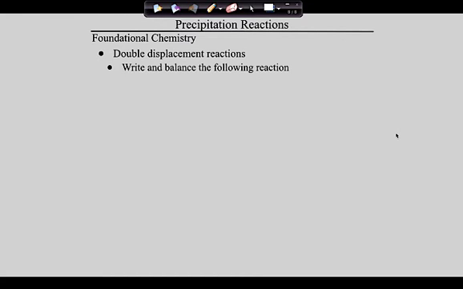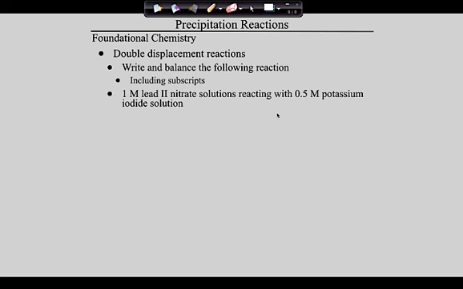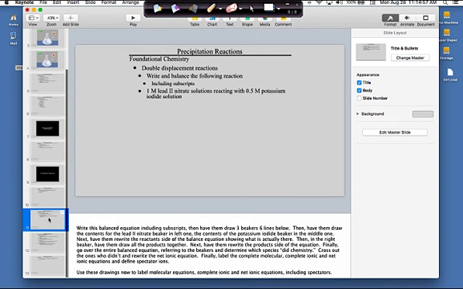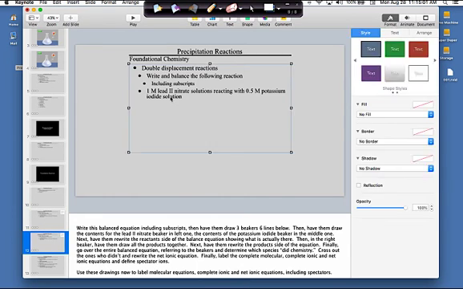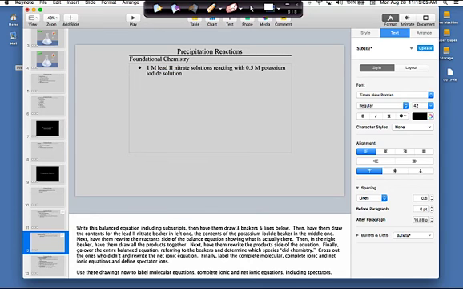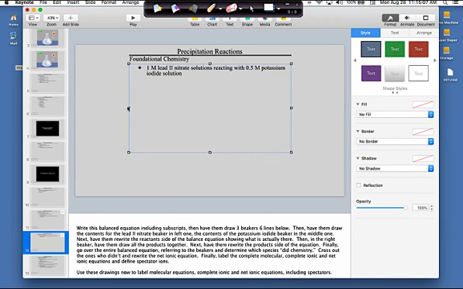So here's what we're going to do. We're going to write and balance this reaction. And we're going to include subscripts. And guys, the reaction that we're going to do is this, but I'm actually going to cheat a little bit. This will work better. Let me copy and paste this. Go here, get rid of all of this, and move this up, and then stretch it so it's only on one line.